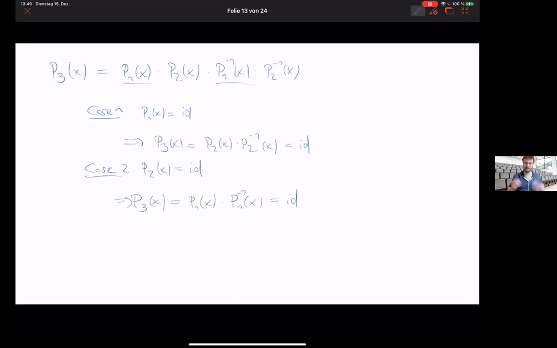Now the final case, which we'll see is problematic if we just do it in this naive way.